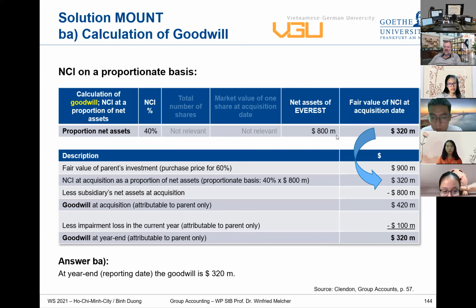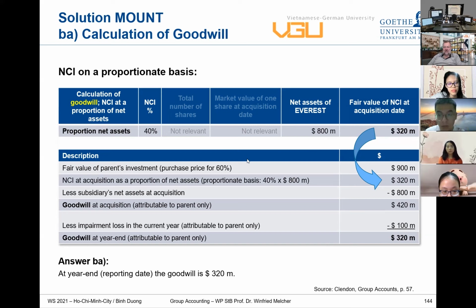At the acquisition date, we have the information that net assets are 800 million. They increased to 950. We know that, but we have to consider that later. So at the time of the acquisition, the proportionate net asset of the NCI was 320.